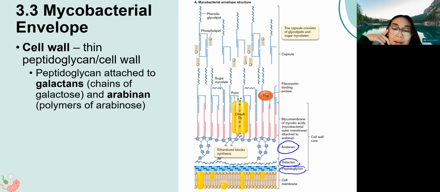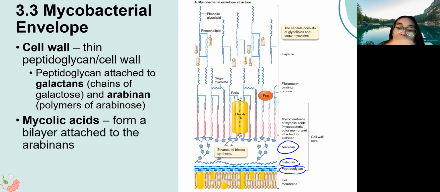I'm just kidding. But still, so peptidoglycan, very thin layer, and then outside of that is a glycan layer, and then outside of this an arabinin layer. So a bunch of sugars just stacked up on top of each other. So that's that. But then the most important part is that outside of that, you'll find these mycolic acids.